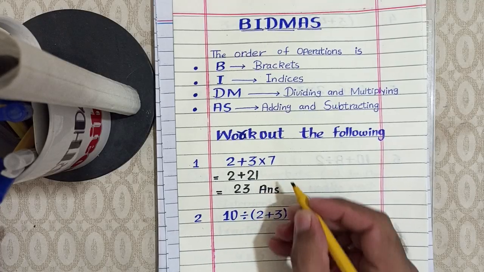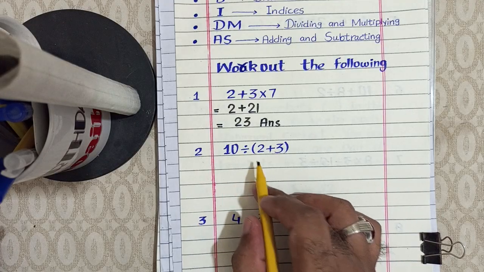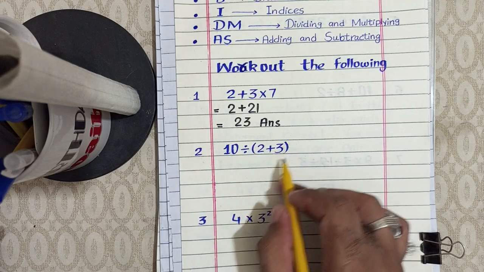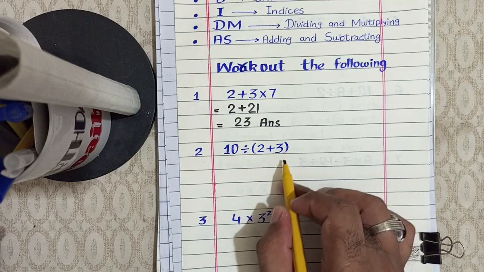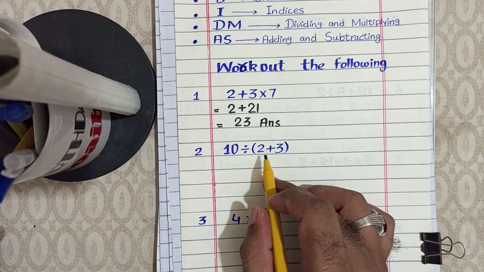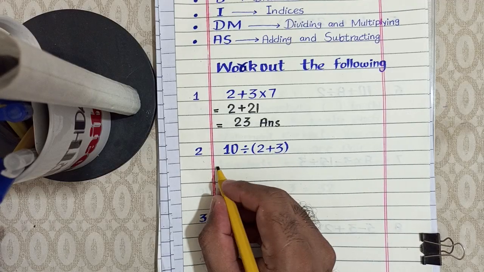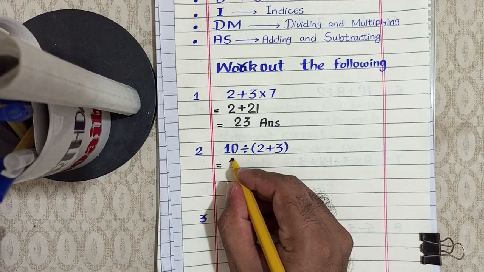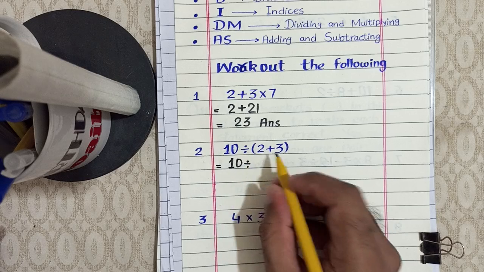Now our next question, 10 divided by the bracket 2 plus 3. In this question we have brackets, so first of all we solve the brackets, then we divide. 10 as it is, and we solve the bracket.